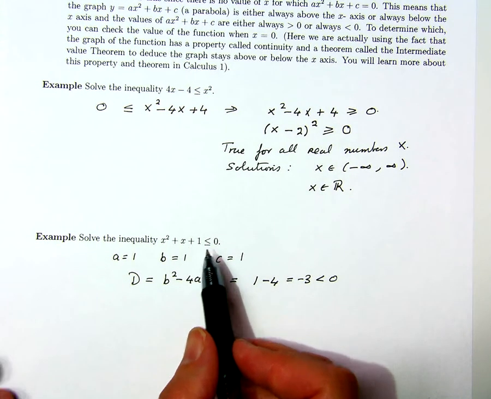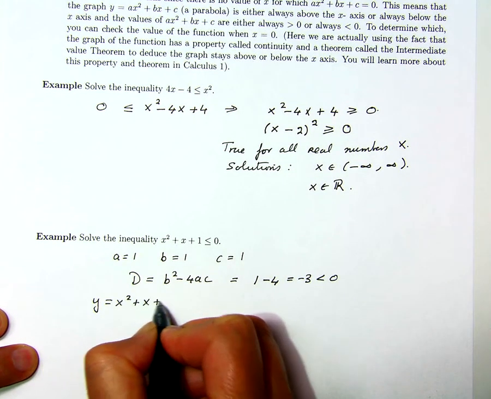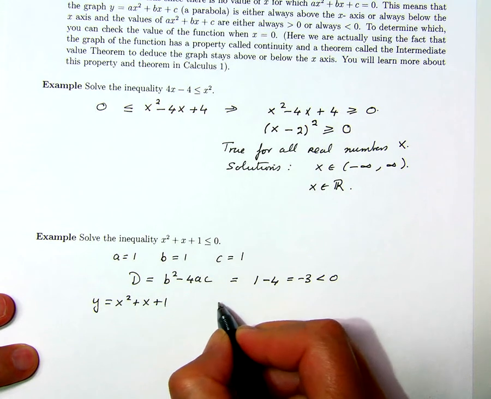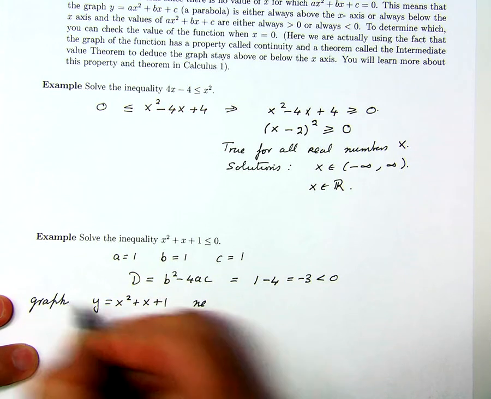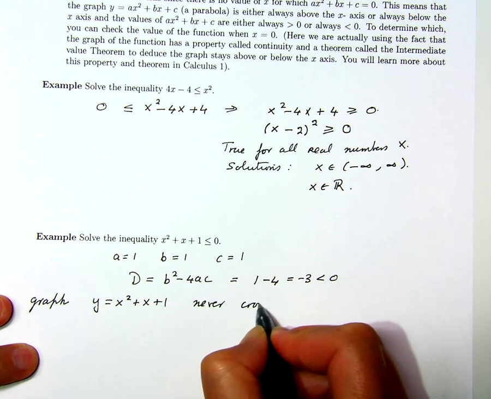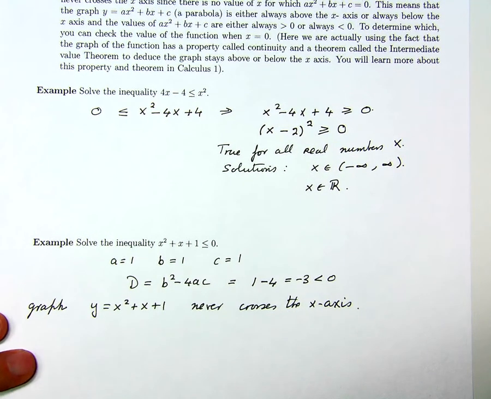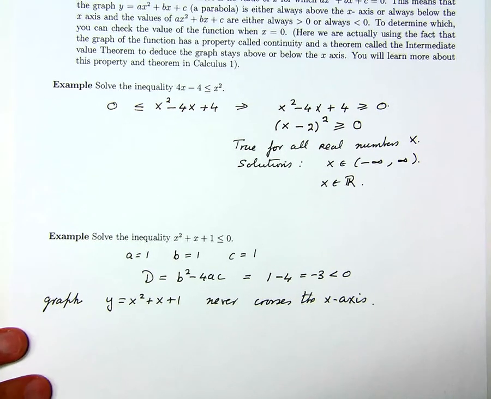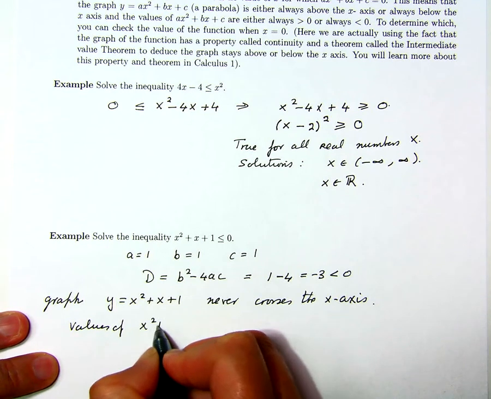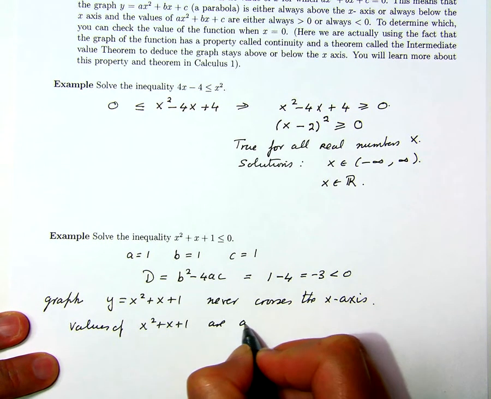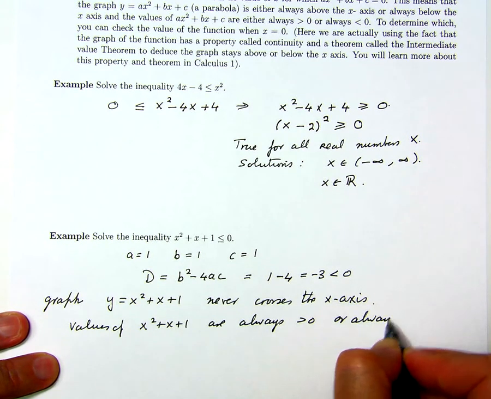Its graph, y equals x squared plus x plus 1, never crosses the x-axis, so it either always has positive y values or always has negative y values. So the values of x squared plus x plus 1 are always greater than 0 or always less than 0.